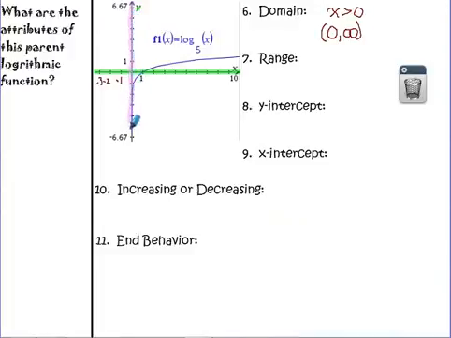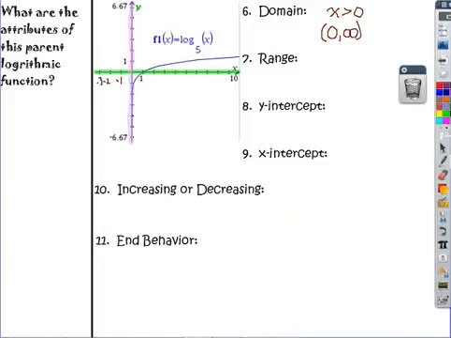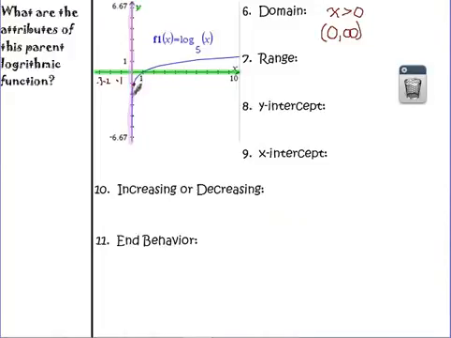What we can see is that it does go below the x-axis, and that's important for the range because the values below the x-axis are y values that are negative. Every point on this curve below the x-axis is going to have a negative y coordinate. And when talking about the range, that's what's important to be figuring out.